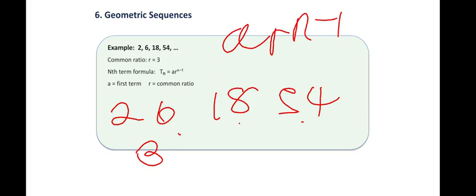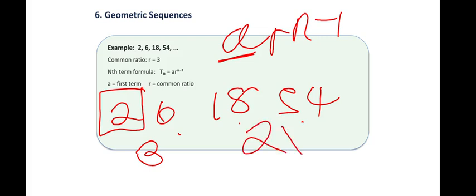So let's look at the question that we have here. We are told that we've got 2, 6, 18, and 54. What is a? a is the first term, which is 2. Let me rewrite it like this. We've got 2 times r, so our r is going to be 3.